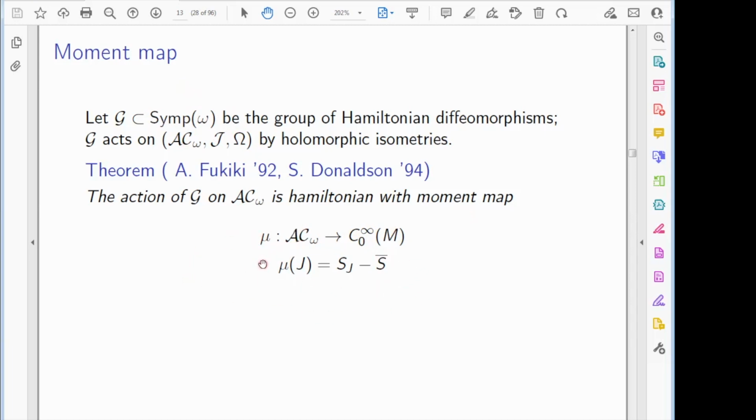So the scalar curvature is a moment map, and this is one way to explain some of the problems in Kähler geometry in terms of stability, because there's the Kempf-Ness theorem involving moment maps.